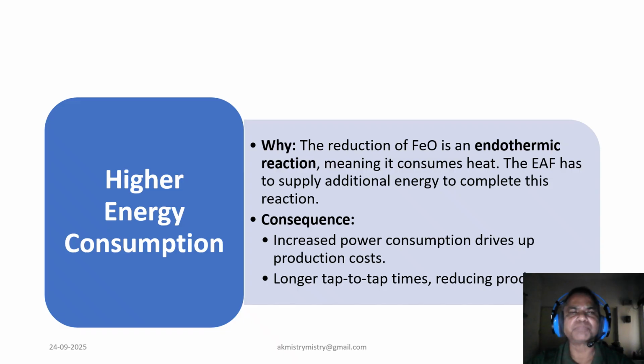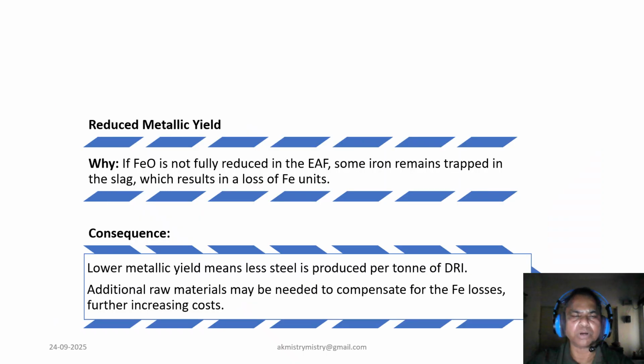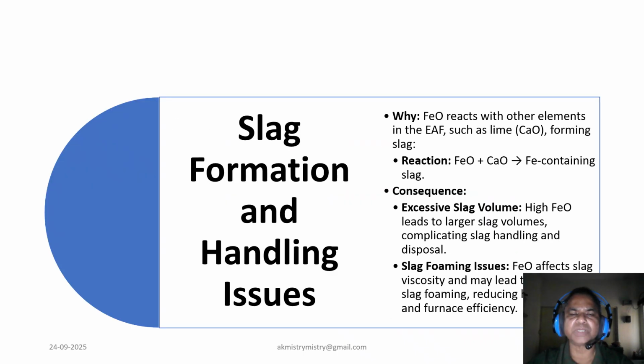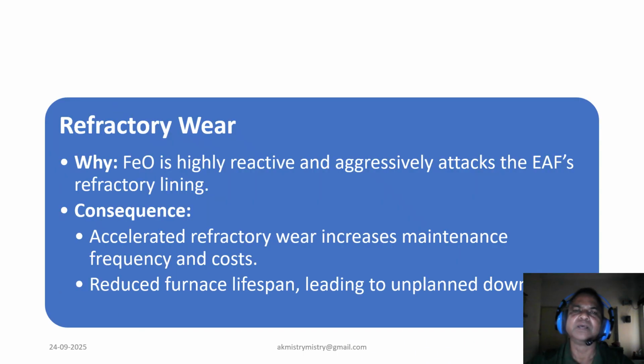The consequences are, first, excessive slag volume, which complicates the handling and disposal of slag, and second, slag forming issues, as it affects the viscosity of the slag, which can reduce heat transfer and furnace efficiency also.